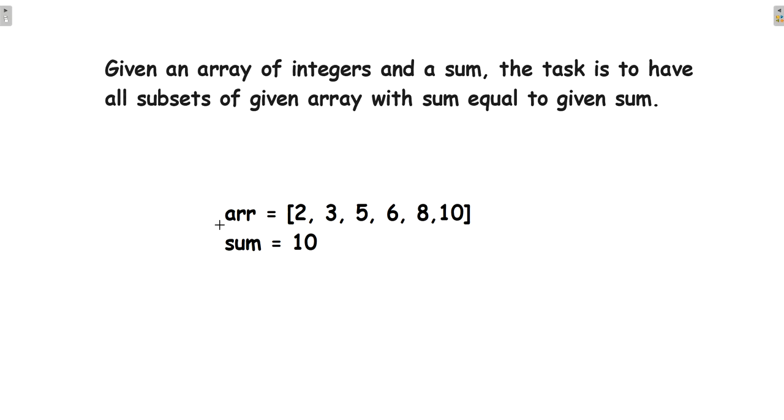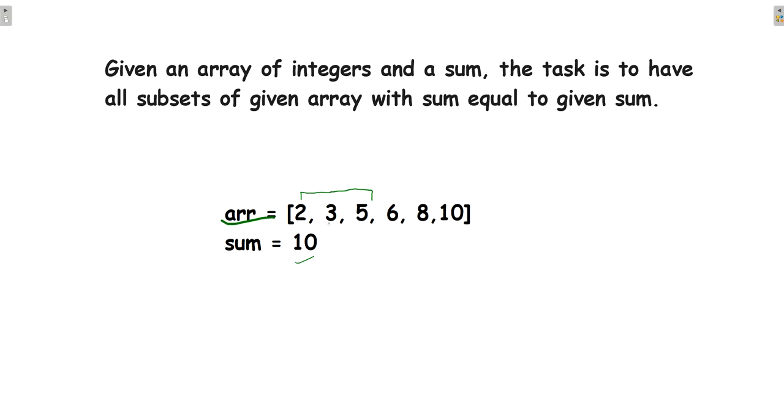Here we have been given an array and the sum. Sum is 10. Now with what combinations can we make the sum equal to 10, taking numbers from the array? If we look at the array, we can make 10 by 2 plus 3 plus 5, which is 10.